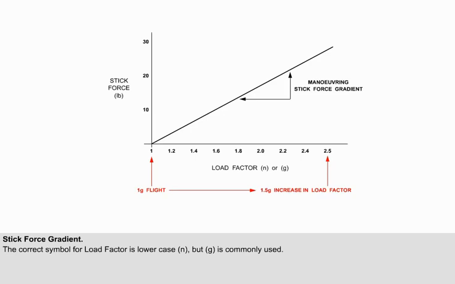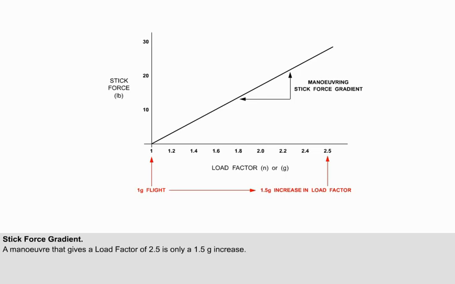If the stick force per G is too low, the aircraft may be accidentally overstressed because of the light control forces. You may be asked to calculate stick force per G, so you need to remember that in level flight, the aircraft is at 1 G, and a maneuver that gives a load factor of 2.5 is only a 1.5 G increase.